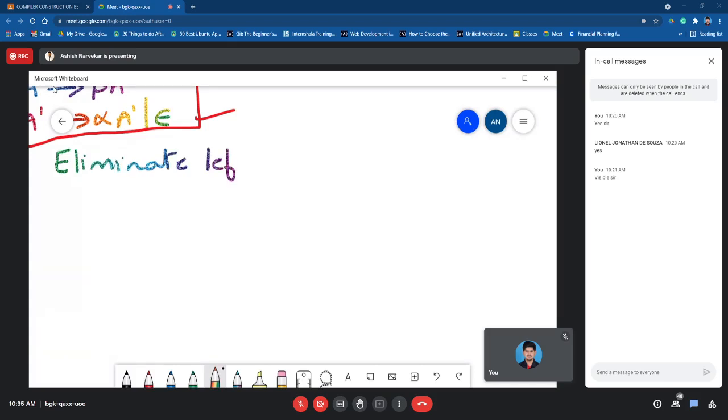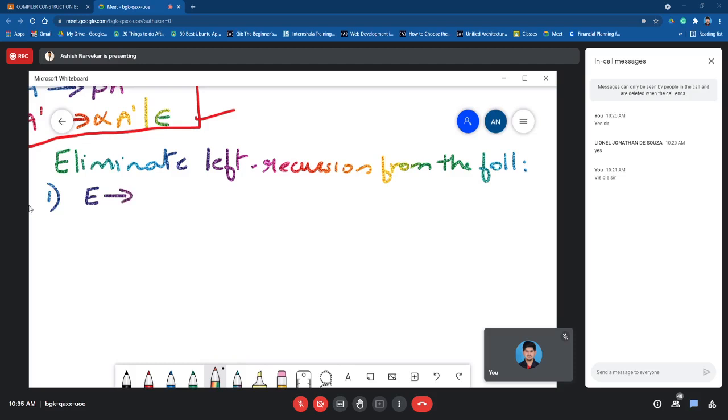Eliminate left recursion from the following. Okay, so I have shared the whiteboard and I believe that it is visible to you all. So let's take up the first grammar.